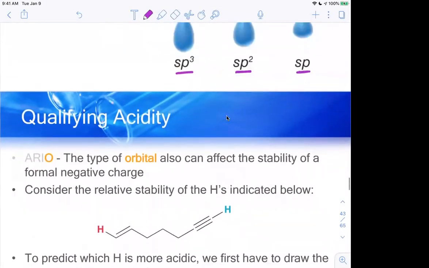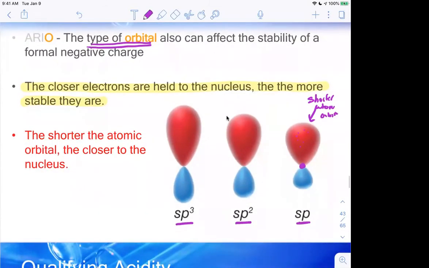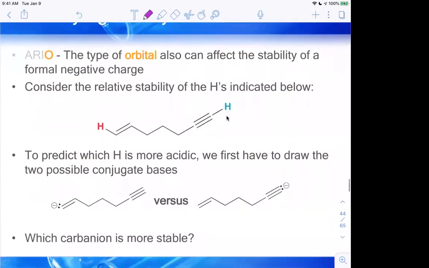So when I look at this, right, this can greatly affect the stability of the conjugate base. Is my negative charge in my, are my electrons in an sp3 orbital, an sp2 orbital, or an sp orbital? So let's look at this.